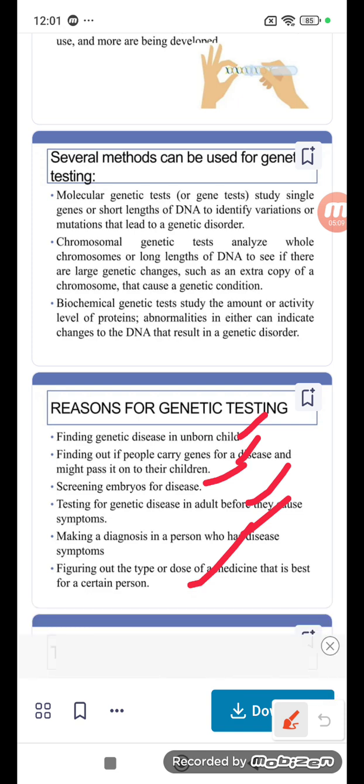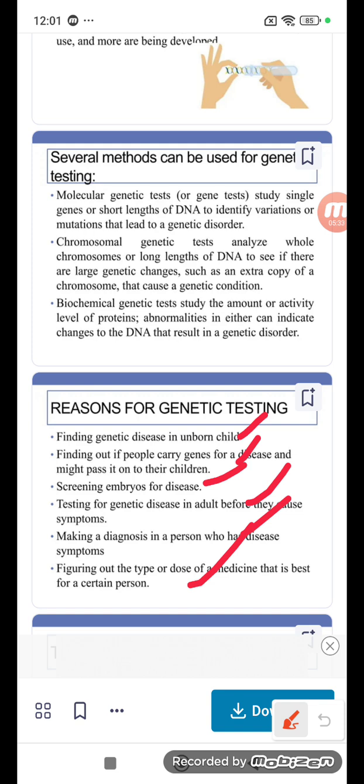Simply, prior identification of genetic diseases: before birth, identification of genetic diseases; before the symptoms, identification of genetic problems. Why? In case any problems are there, we rectify those problems with the help of medications or other methods. That's the purpose of genetic testing, like the triple marker test during pregnancy and TIFA scanning.